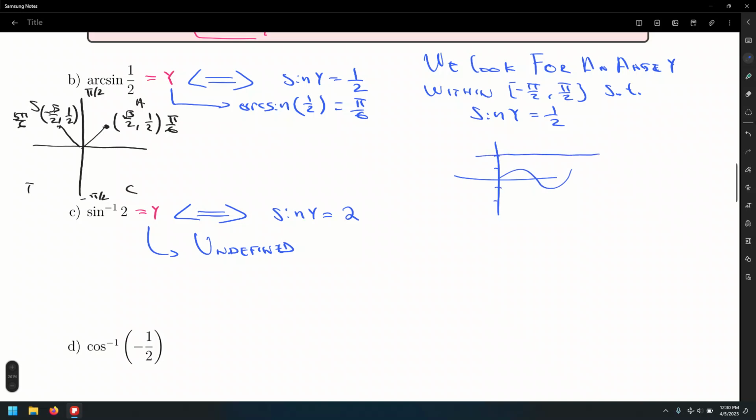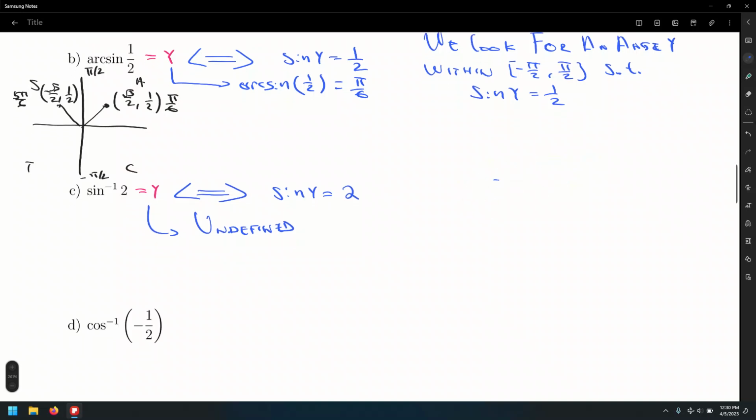But hold on, I don't see any intersection points. Do you see intersection points? However, complex analysis, which is one of the most wonderful subjects ever, will show you those pretty cool results. So wait until you get to those courses. In the meantime, let's just call it a day and say it's undefined.